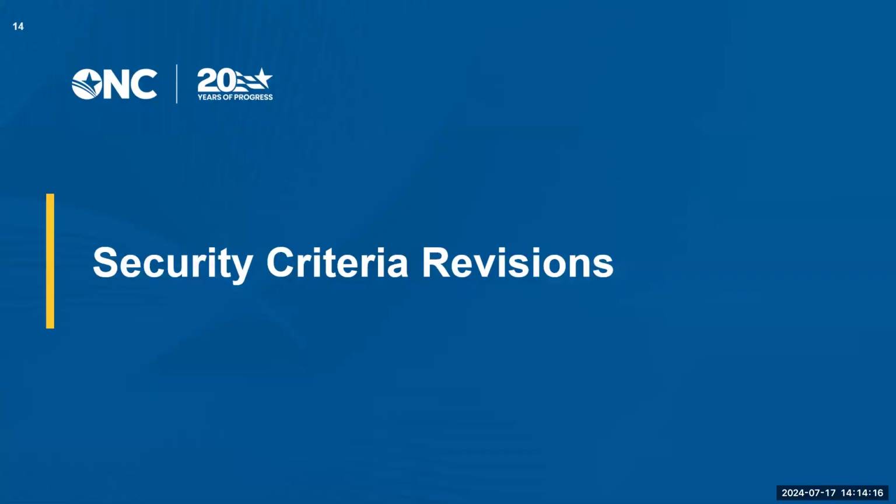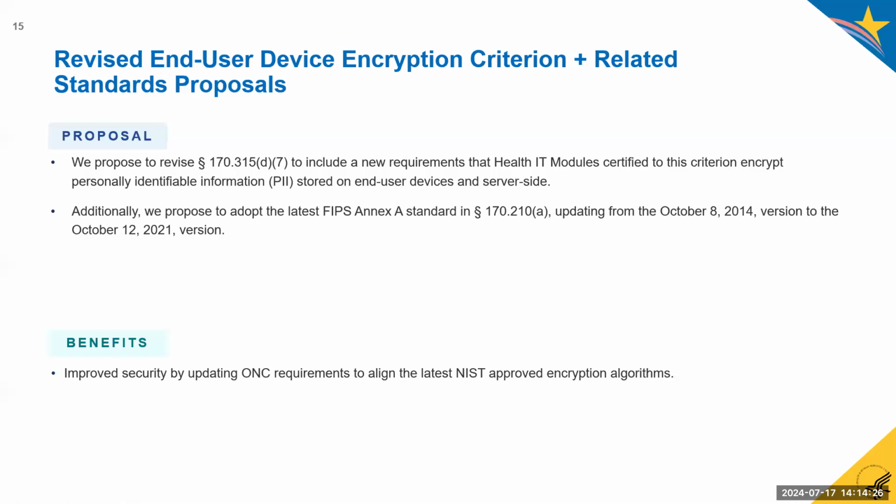We also have a handful of revisions to existing security criteria. I'm going to go through these very quickly for folks. Next slide. Our D7 criteria is an end-user device encryption criteria, and we are proposing some new requirements within this area to encrypt personally identifiable information that is stored both on end-user devices and also on local or server-side devices.